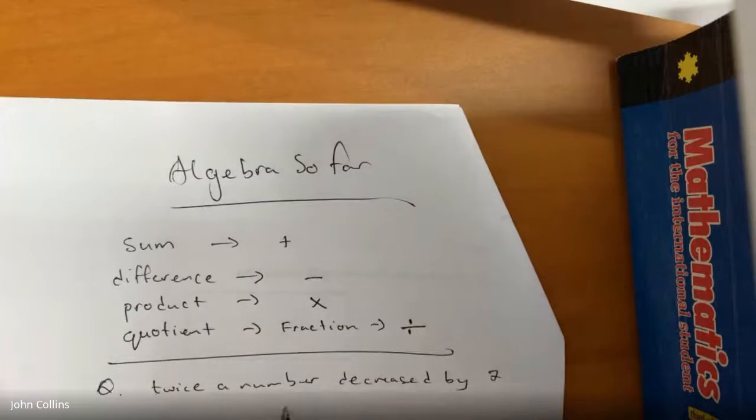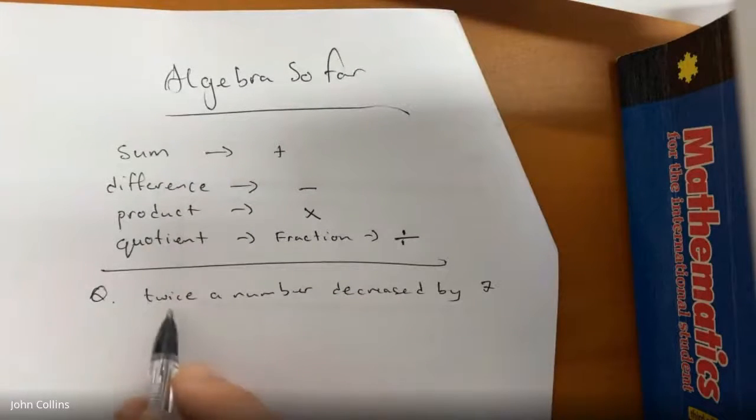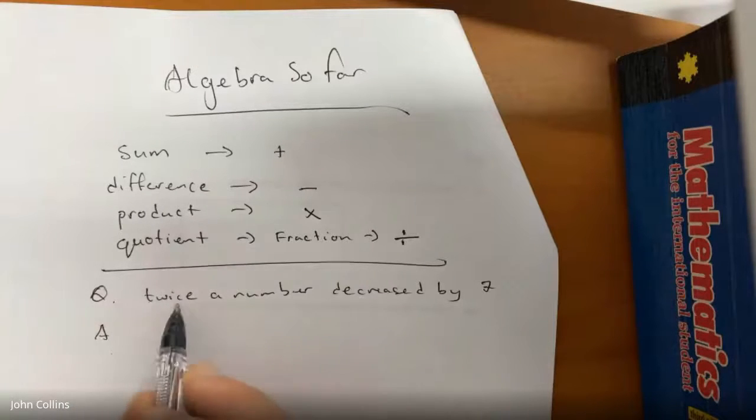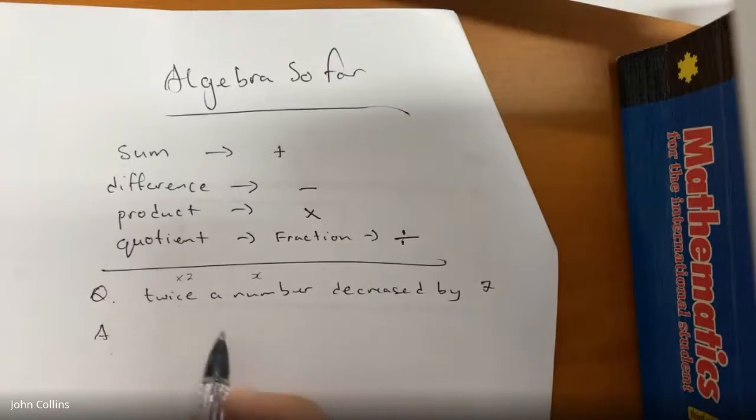Okay, that's not using any of these, but I'll do this one first and then I'll use one of those. So twice a number decreased by 7. How do I write that in algebra? Conversion, twice, that's multiplied by 2 of a number. I would call it x and decrease by 7. So twice the number and then decrease it by 7. So that'll be 2 times x, decrease it by 7, subtract 7. Okay, so that'll be one thing.